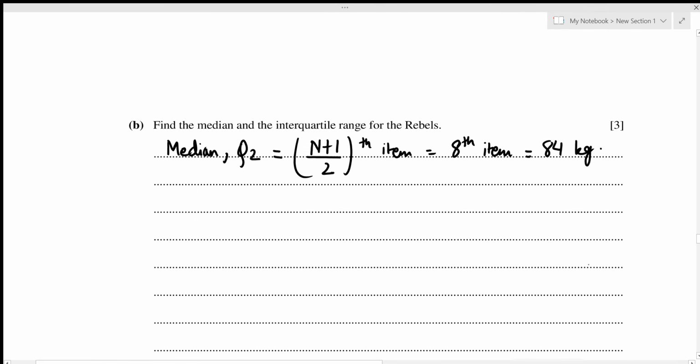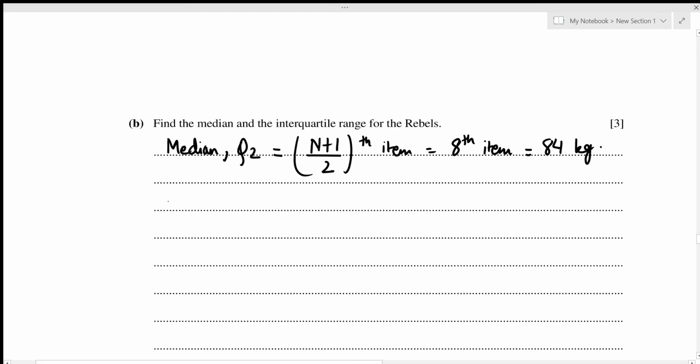Now, in order to figure out the interquartile range, the formula is upper quartile minus the lower quartile. So we need to figure out the upper quartile and lower quartile first. For upper quartile, that's going to be the n plus 1 into 3 by 4th item.